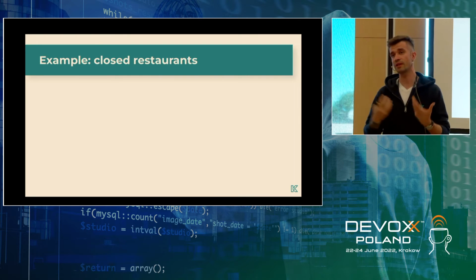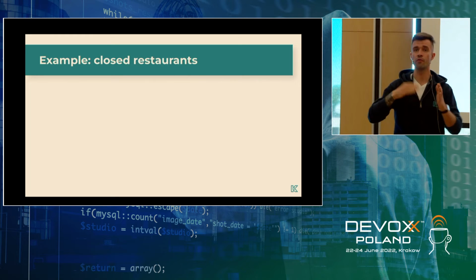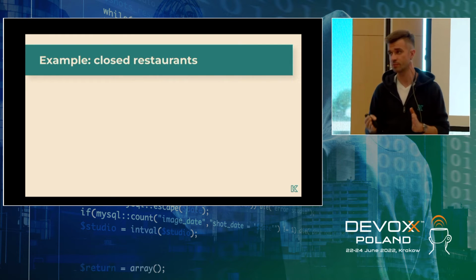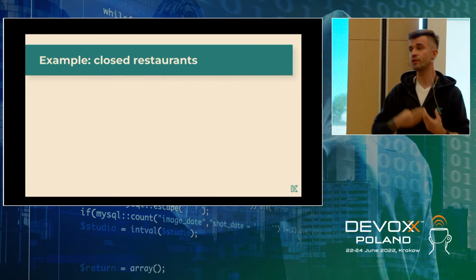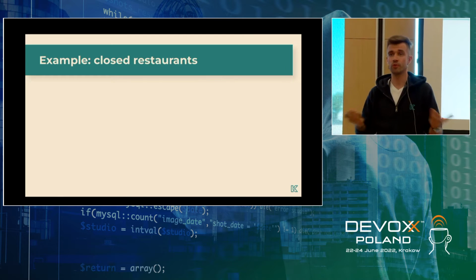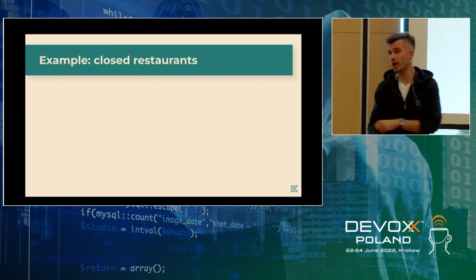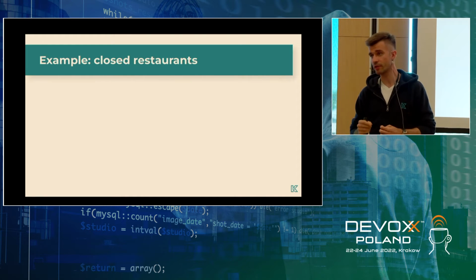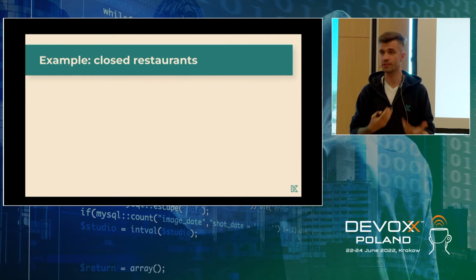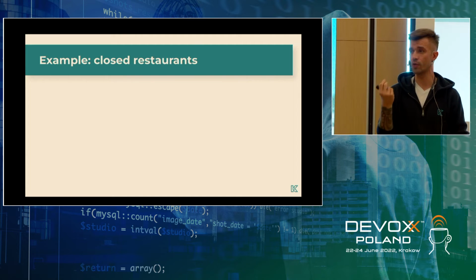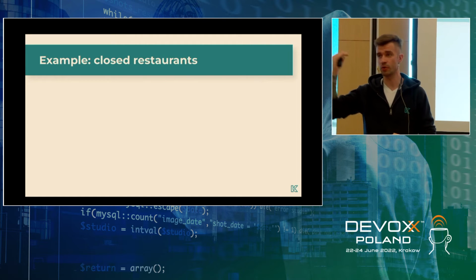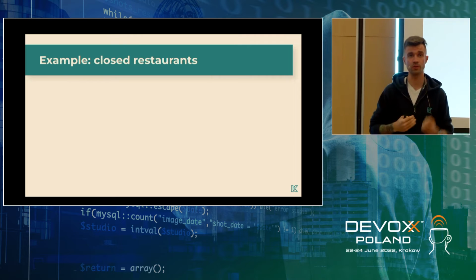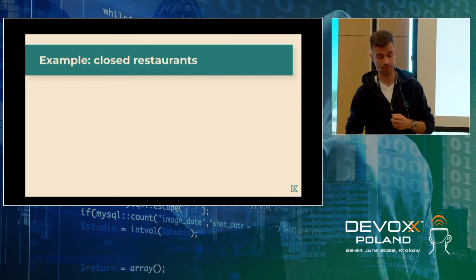Without this information on how long a particular restaurant has been closed, we are not able to tell if there is a bigger issue or not, because we don't have this information anywhere. Maybe we can go somewhere on the UI web page and look at the numbers, but it's not easily visible. I need to know exactly at this point in time how many restaurants are closed and for how long they have been closed.